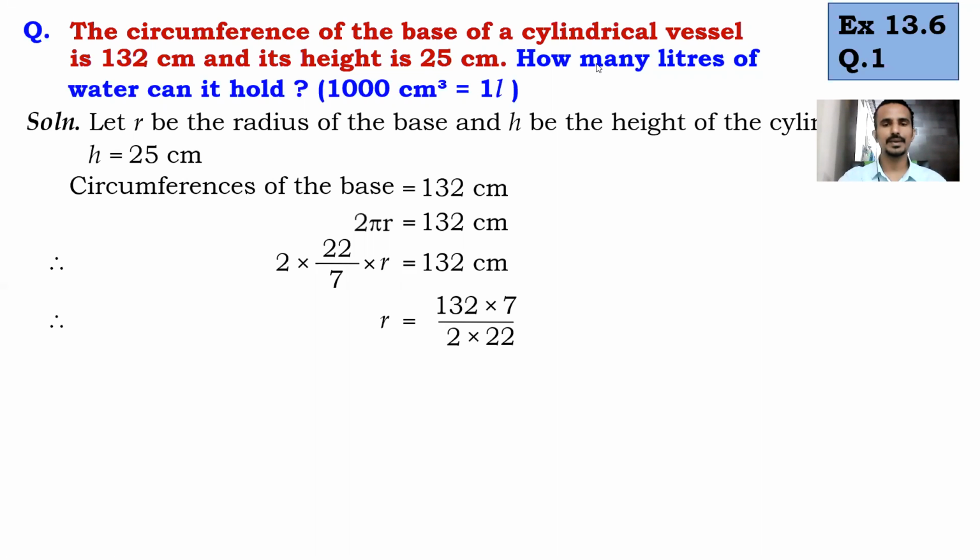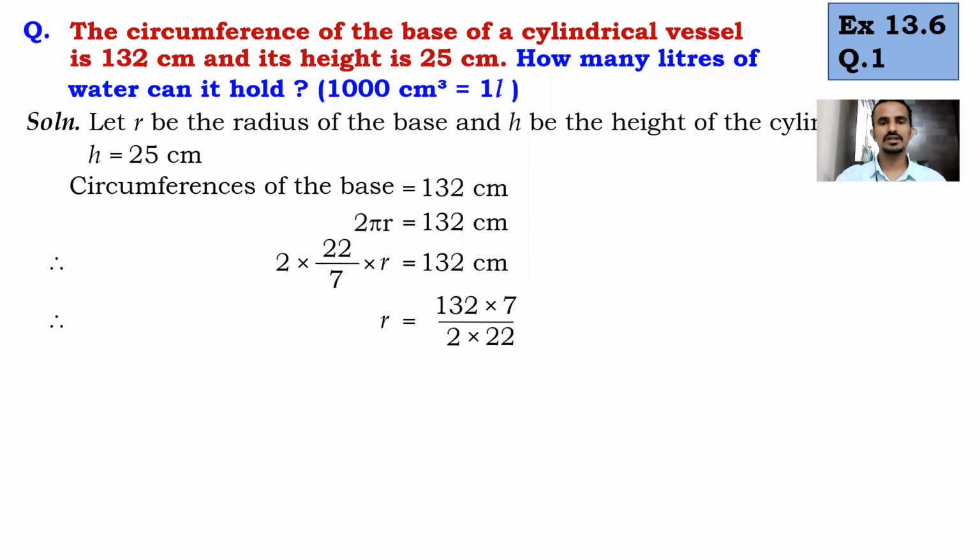You can directly divide by 22 here, which will be easier. 22 6s are 132.